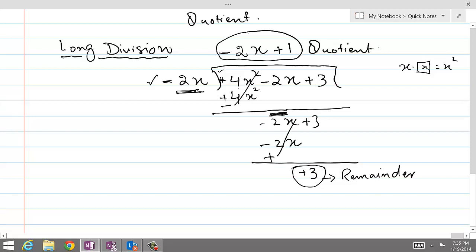Quotient. And this part here, this is called the divisor.